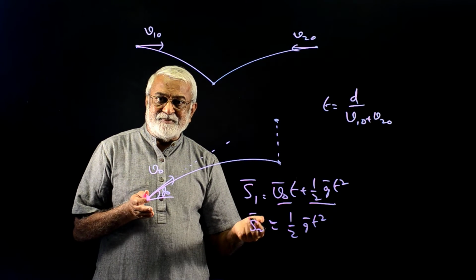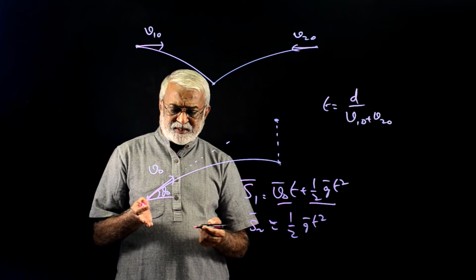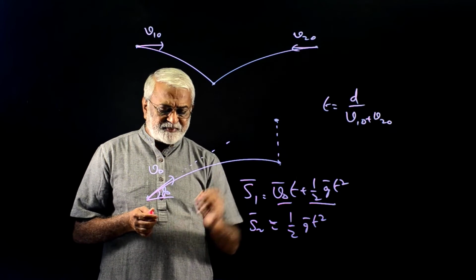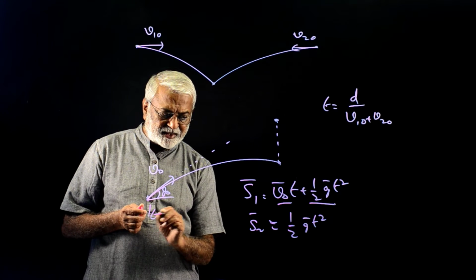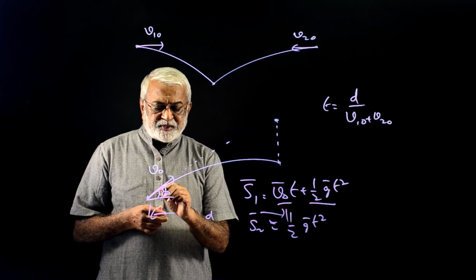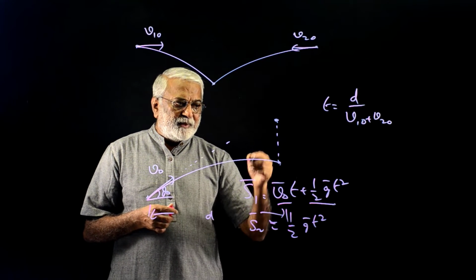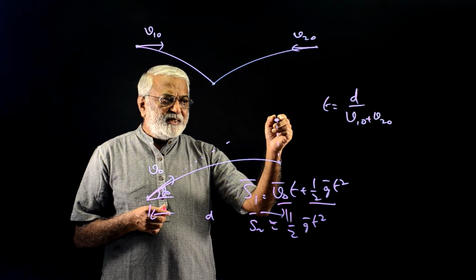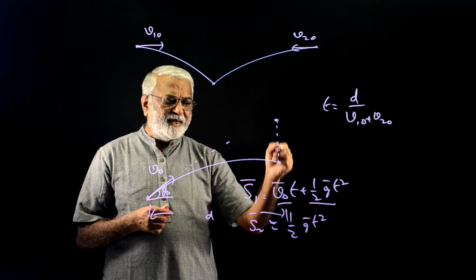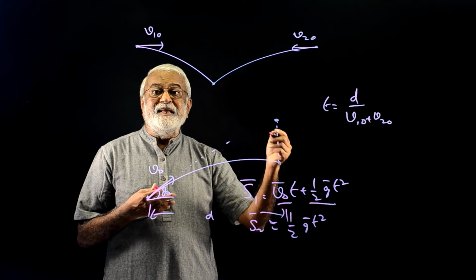And what is that time? There are two ways of dealing with it. One is to see it like this. If the horizontal distance between them is d, this would be d by cos theta naught. So the point here is that they collide below the point where the collision would have occurred in the absence of gravity.